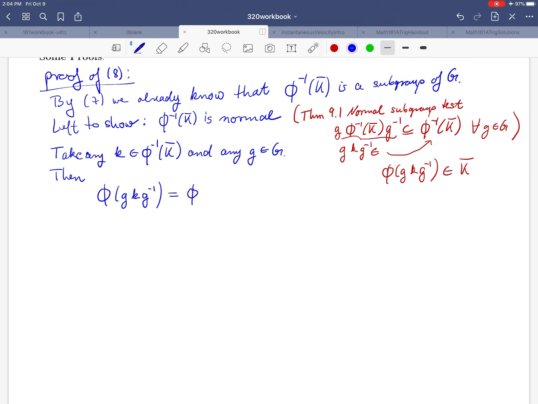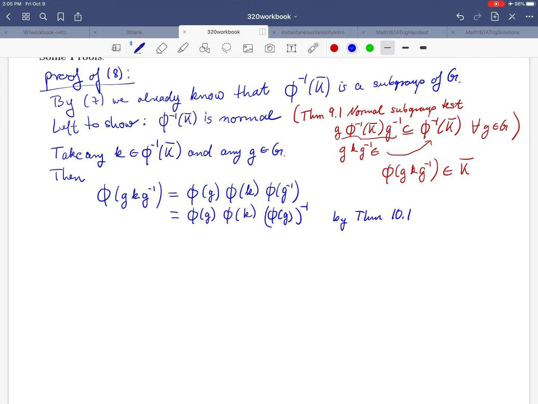Well, since phi is a homomorphism, first of all, it's phi of G, phi of K, phi of G inverse. And then by one of our previous properties, theorem 10.1, that is phi of G, phi of K, and then the inverse of phi of G. So that is by theorem 10.1.